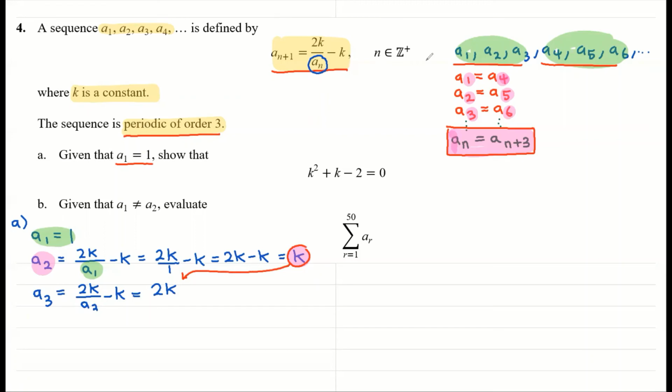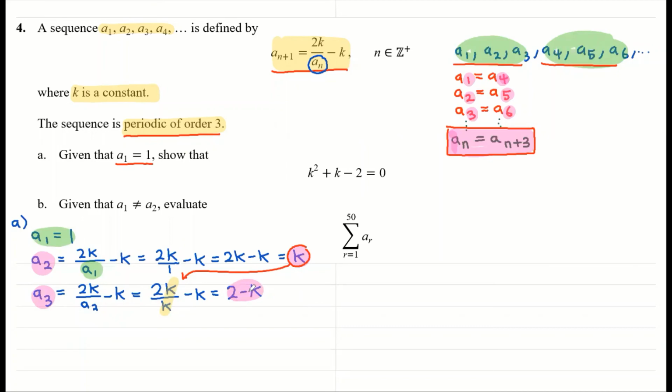So it's 2k over k, subtract k. Now the k's will cancel out, so we're just left with 2 subtract k. Now we've got A3. These are important, so A3 is 2 subtract k.